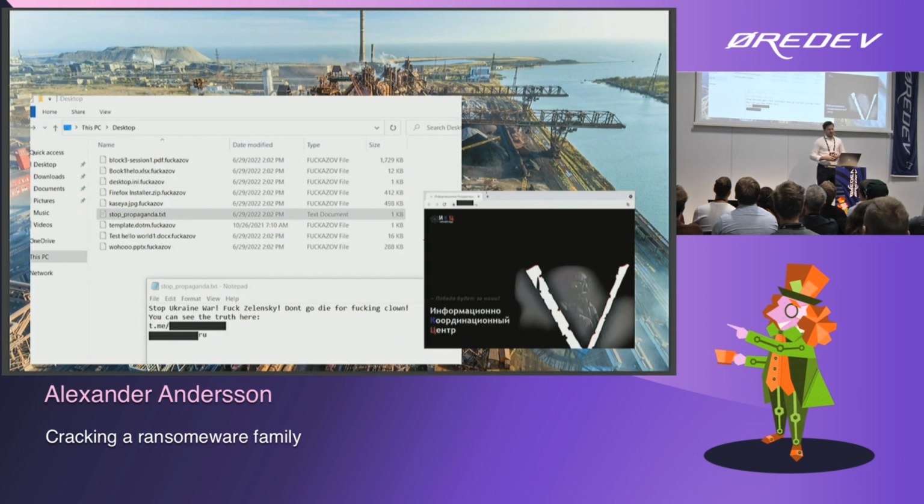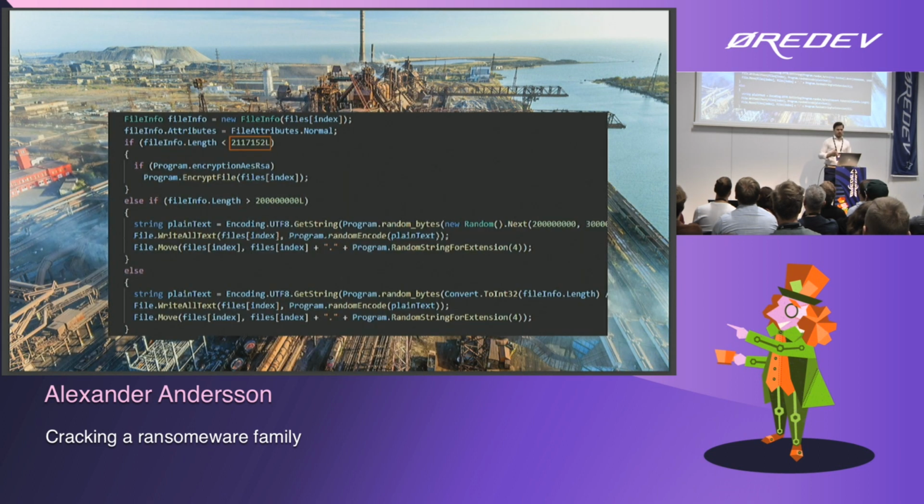One part of it that you might not have heard of is that Chaos ransomware was used against Azovstal during this time, pretending to be a ransomware. It also sent a link to some propaganda page, but it actually just wiped files and kept files under 2 megabytes. This is the source code of the ransomware.